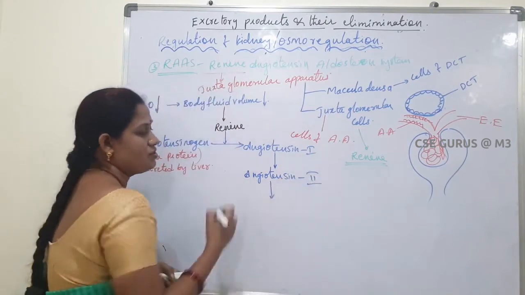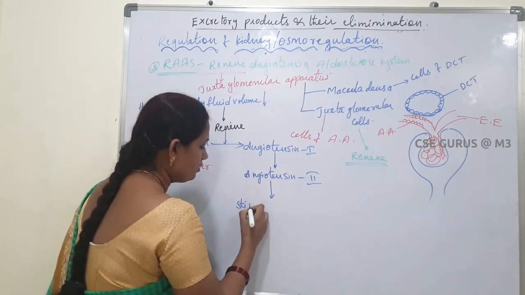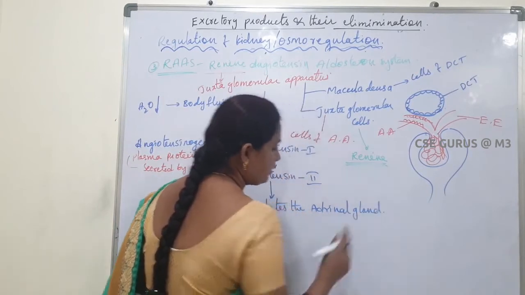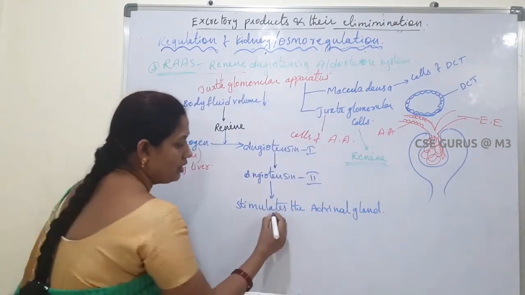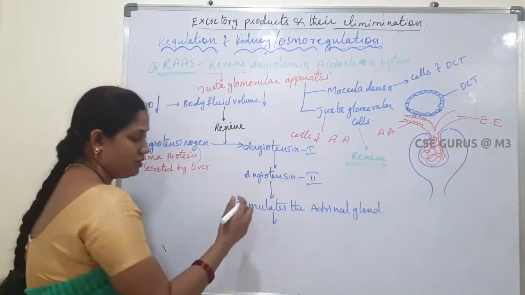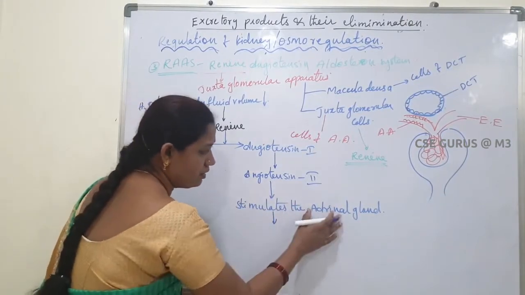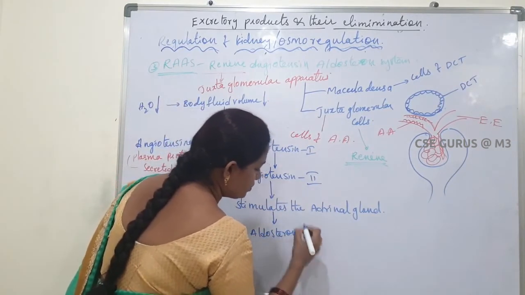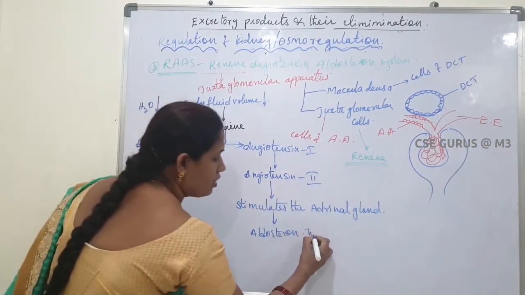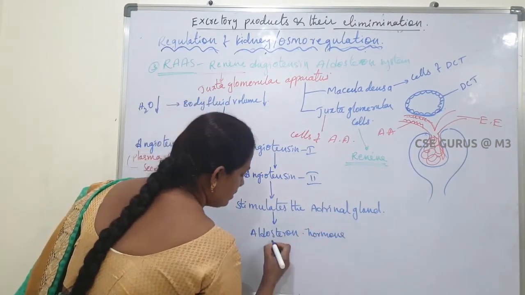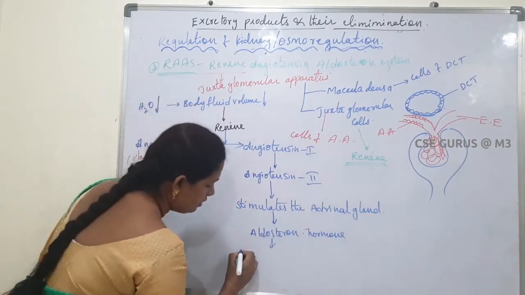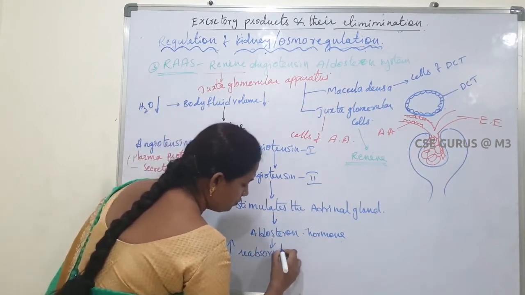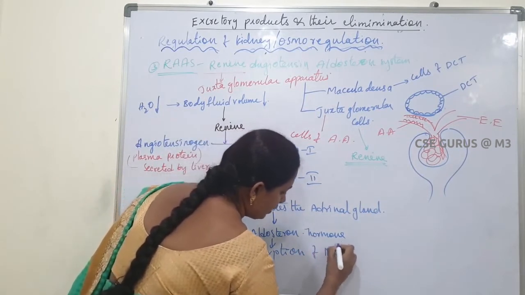Then angiotensin 2 stimulates the adrenal gland, especially the adrenal cortex. Finally, the adrenal gland secretes the aldosterone hormone. This hormone increases the reabsorption of sodium ions.